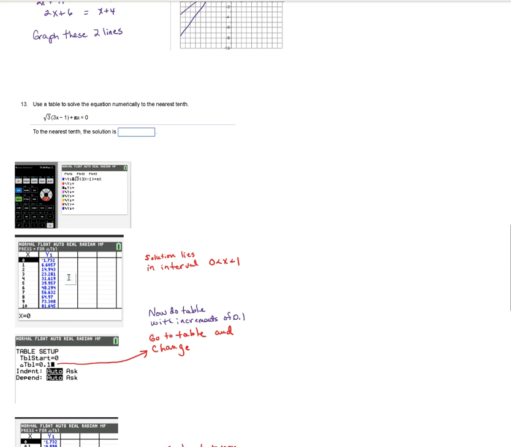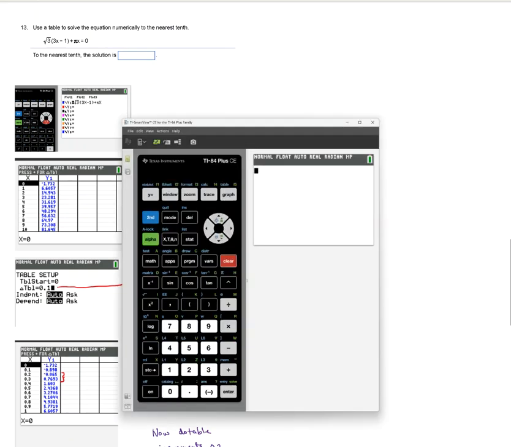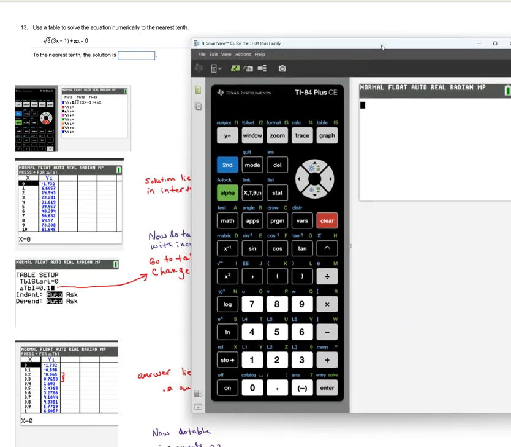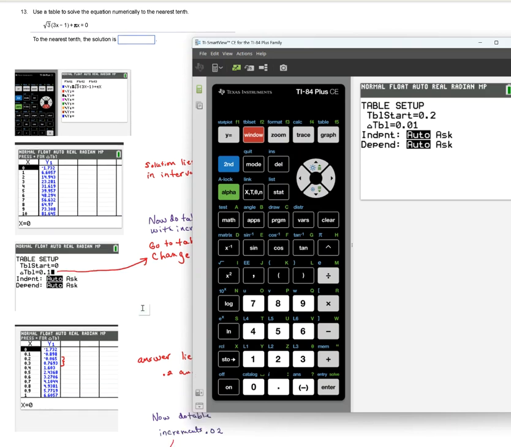Then go to your table and set up the table. Table set is right above the window key, so go to second and table set, and change the increment to 0.1.